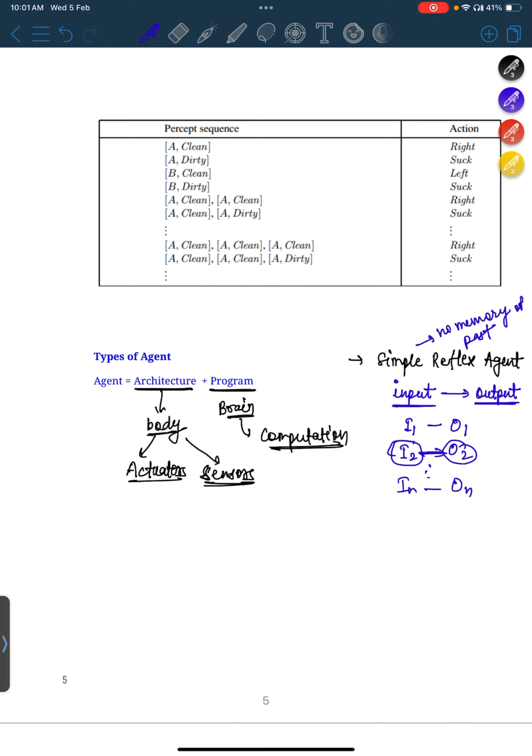Then there are, ठीक है, these are good agents, but we also want some agents which can remember what happened in the past and then take decisions while wondering about the future consequences. So that's where we have these model-based agents.